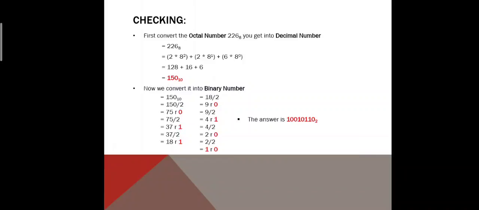And 2 divided by 2, 1, remainder 0. Ito na yung nakuha natin na sagot: 1, 0, 0, 1, 0, 1, 1, 0.